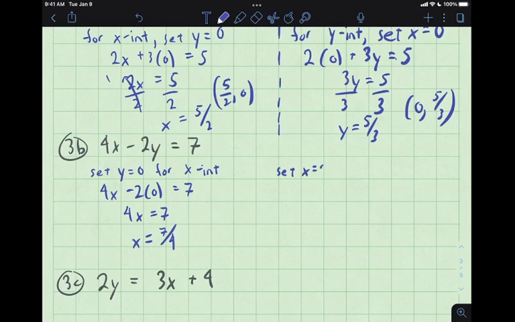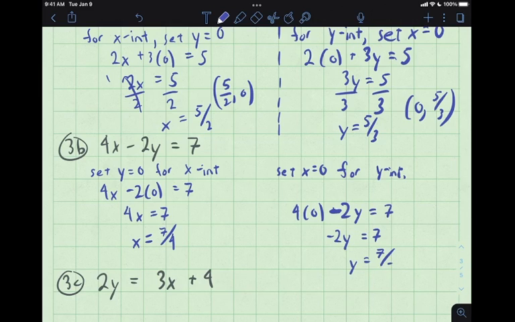Set x = 0 for the y-intercept. We have 4 times 0 minus 2y = 7. Negative 2y = 7. The y-intercept is therefore negative 7/2.